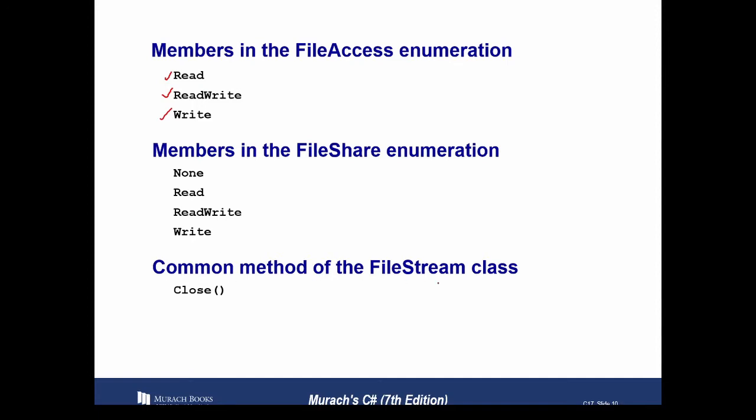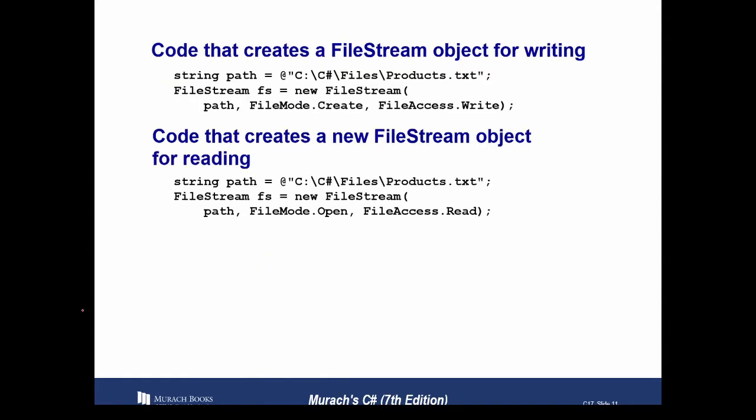Common methods of the FileStream class: Close. Okay, and by the way, if you've done this already in Java, some of this may seem very familiar to you anyway. So if we look at this example here, we've got a string, our data type, and then this variable name path. I don't know what happened to my laser. But you're seeing this @ symbol again, and then we get into our quotations.